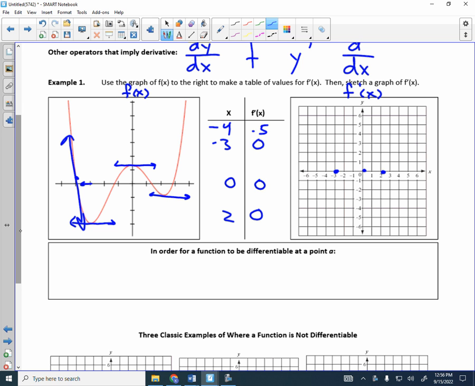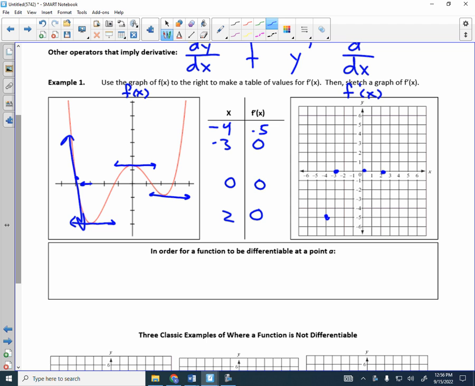Okay. So the idea is that if you look at -4, we said the slope is about -5. See how everything over here will sit below the x-axis? Because the derivative is negative, so its graph will sit below, saying it has negative slope. What do you notice about the slope between -3 and 0?